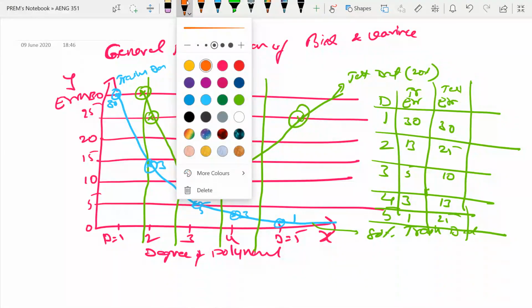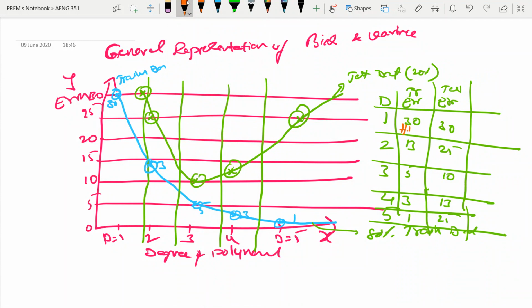If we see here, high bias, high variance means this is underfitting. Here low bias, high variance, this is overfitting. In these three cases it is okay, but here the error is nearly the same for the training dataset and test dataset.